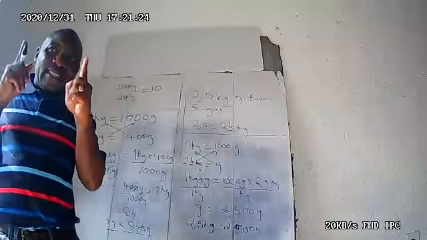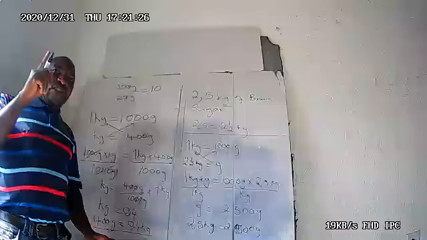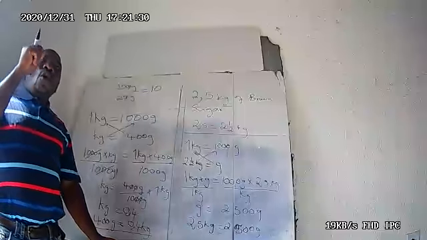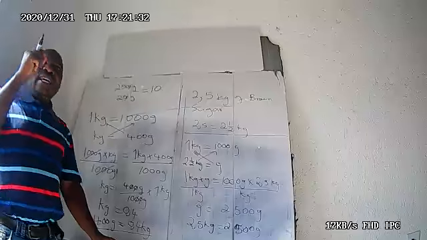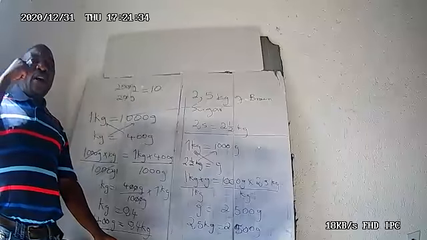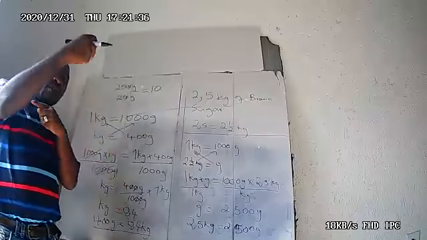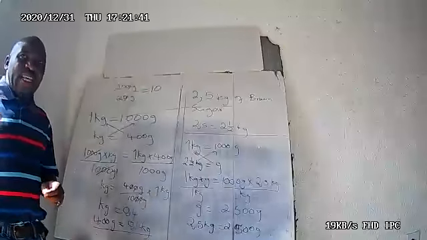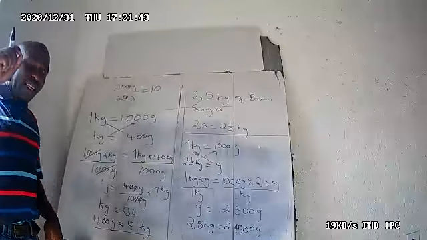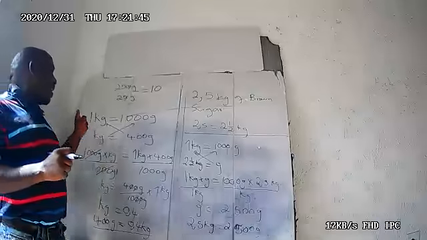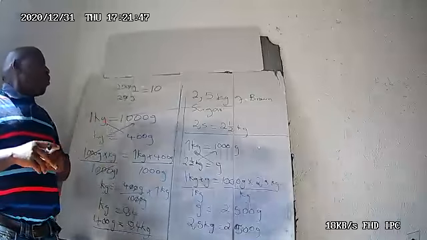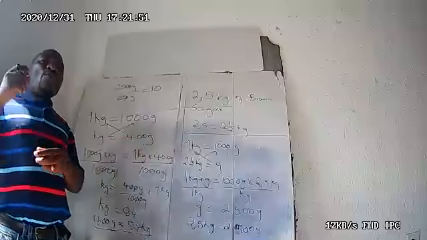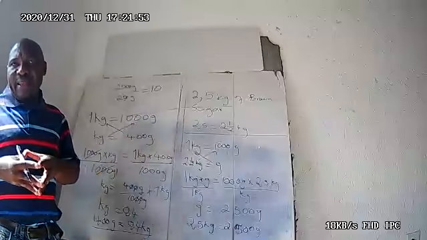What is important is that you must know that 1 kilogram is equal to 1,000 grams. Then when you are going to convert, you must cross multiply until you find the correct answer. Then please bear in mind here, when you take kilograms to grams, you could see we have clearly multiplied.